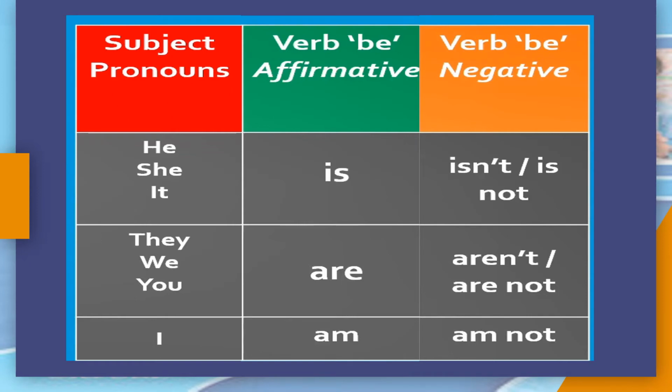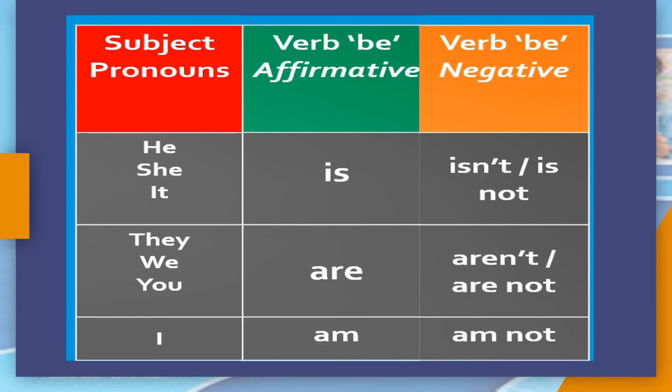For he, she, and it, we always use is to confirm, and isn't or is not to deny. And for more than one person, they, we, or the special you, which can be one person or more, we use are when we want to say yes, they are, or when we want to confirm something.